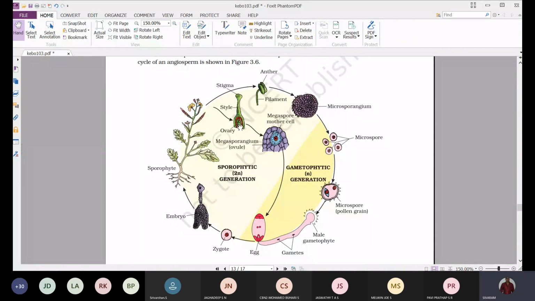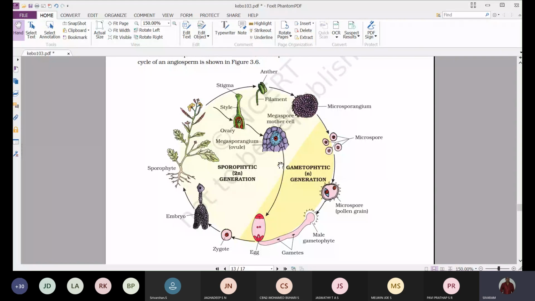Inside the ovule, we'll find a tissue called nucellus. Out of a large number of nucellar cells, only one cell will be transformed into a megaspore mother cell. This megaspore mother cell undergoes meiosis and produces 4 megaspores.